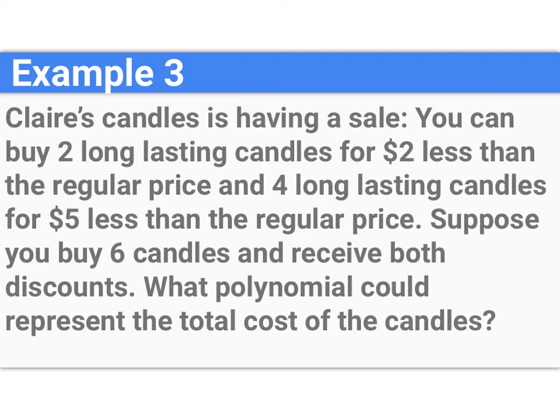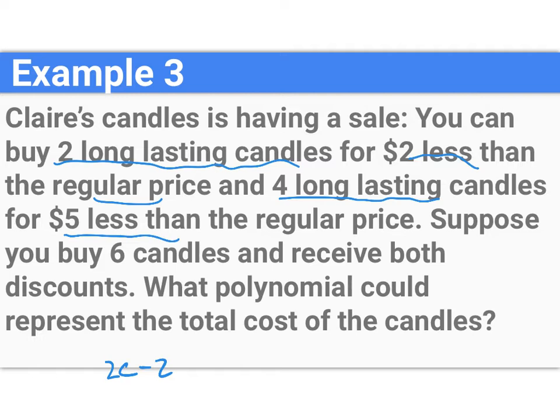So let's see. We've got 2 long-lasting candles for 2 less than the regular price, and 4 long-lasting for 5 less. So we'll deal with C's as our variable. So we'll call it C. All right, so let's say we have 2 candles for $2 less, minus 2.